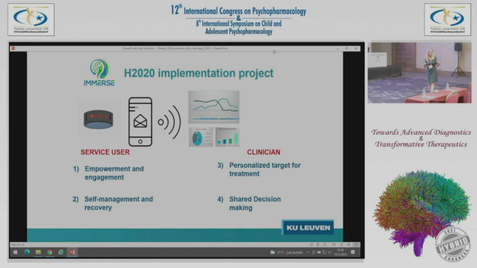Because in shared decision-making, one of the big problems is that you can only make a decision together when you have good information, something to base your decision on. So we argue that maybe this provides the clinician and the patient alike with the information that they need to make sensible decisions.